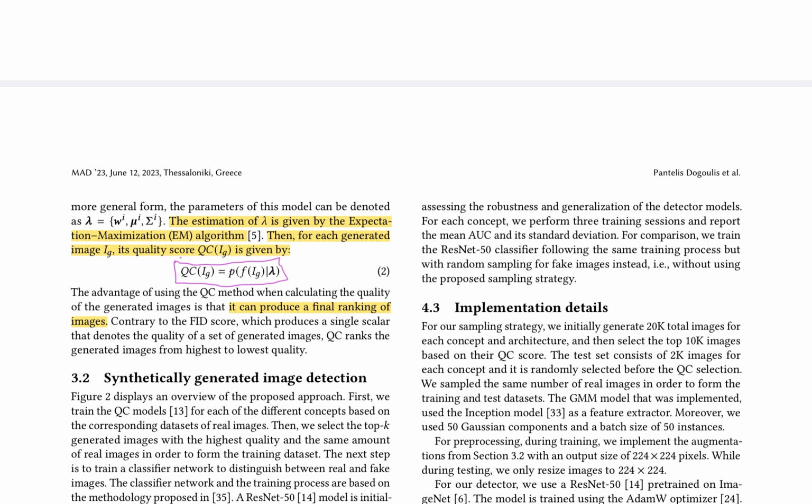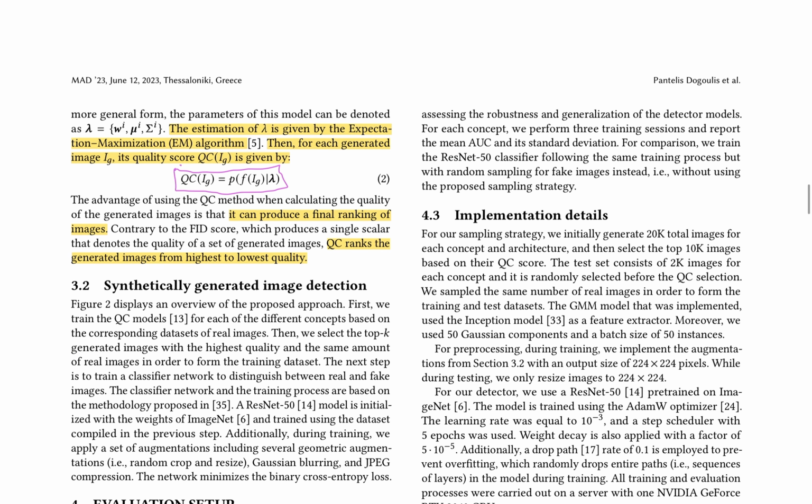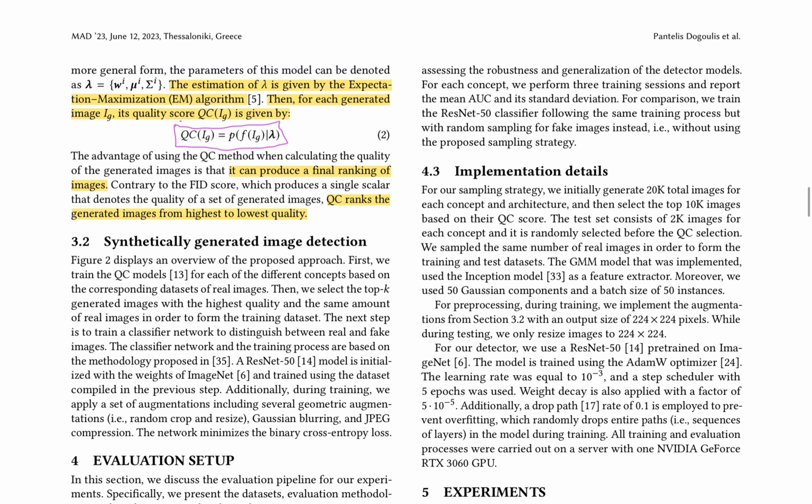QC ranks the generated images from the highest to the lowest quality. Why does it rank? Because it's the number given by the probabilistic distribution, so it makes sense that it is a comparative approach. It's a great thing.